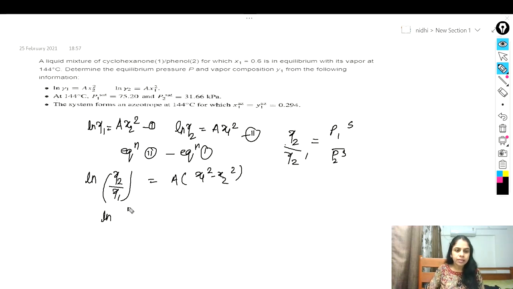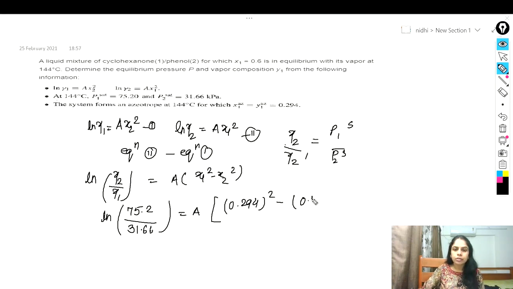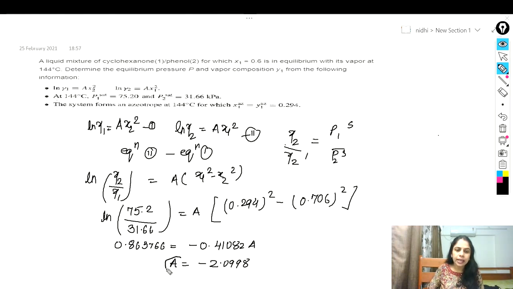So ln of 75.2 upon 31.66 is equal to A times x1 square, which is 0.294 squared, minus x2, which is 0.706, whole square. When you solve this, you will get 0.863766 is equal to A times minus 0.410828, and then you will get the value of A as minus 2.0998, and we know that A is a constant.